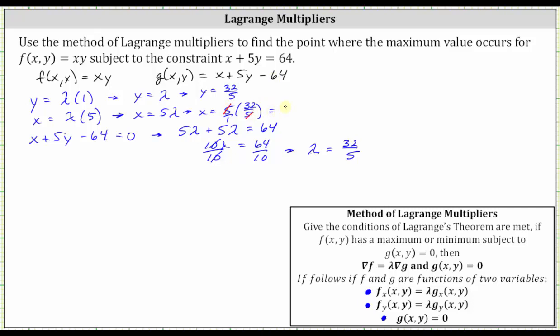We have x equals 32. So the point where we find the maximum value in the form of (x, y, z) has an x coordinate of 32, a y coordinate of 32 fifths. To find the z coordinate, we need to evaluate the original function at f(32, 32/5). Let's go ahead and do that.